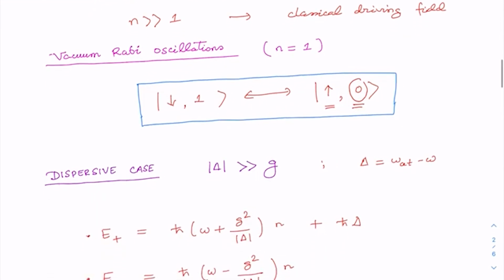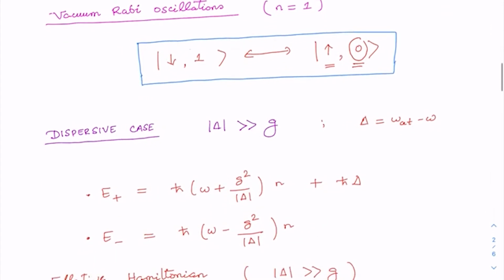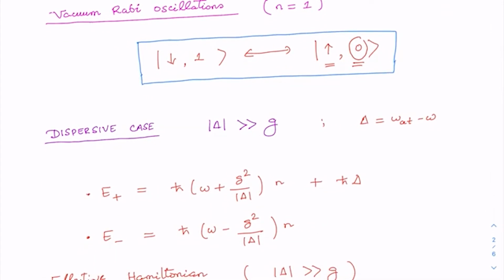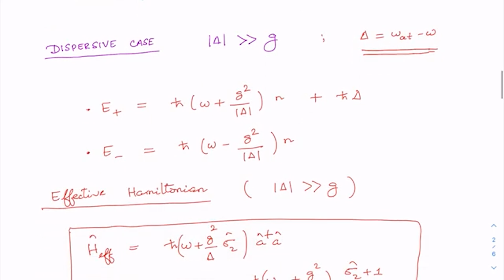Then we went on to discuss the dispersive case, where the detuning parameter, which is the difference between the transition frequency and the field frequency, is much larger than the coupling strength between the field and the two-level atom. We found that the energy levels now get modified according to these two expressions.